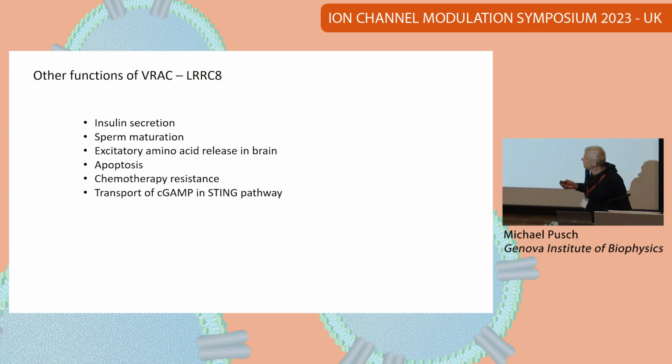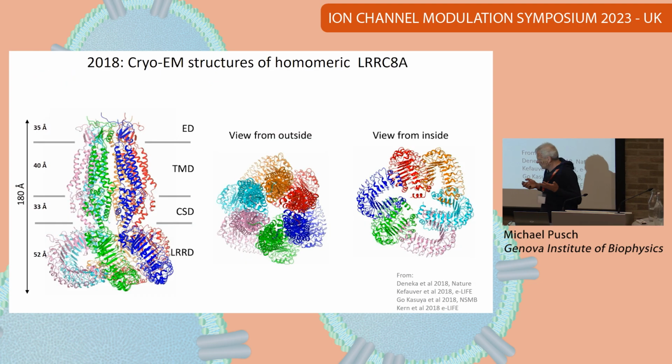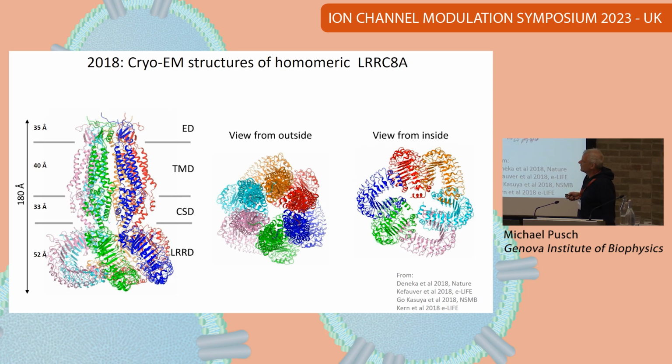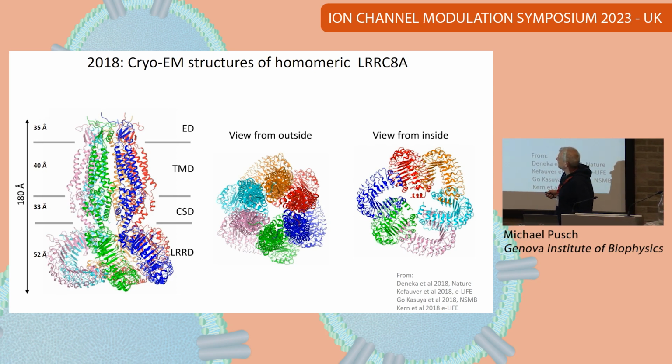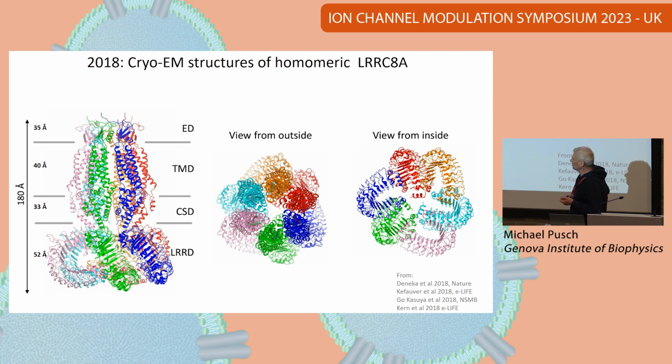Also, it was surprising, there were 4 studies in 2018 that reported the cryo-EM structures of the homomeric LRRC8, and they all converged on the finding that this is a hexamer. So this is the homomeric LRRC8. This is not physiological, but it at least shows that the architecture of these proteins is hexameric.